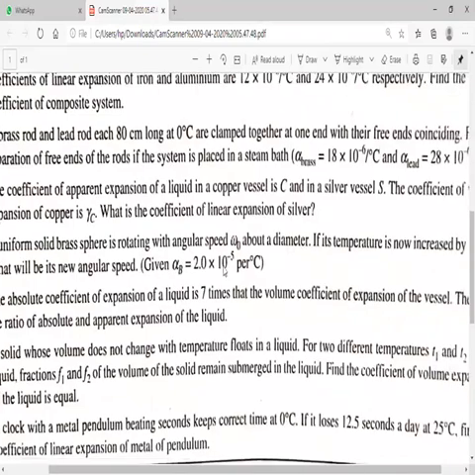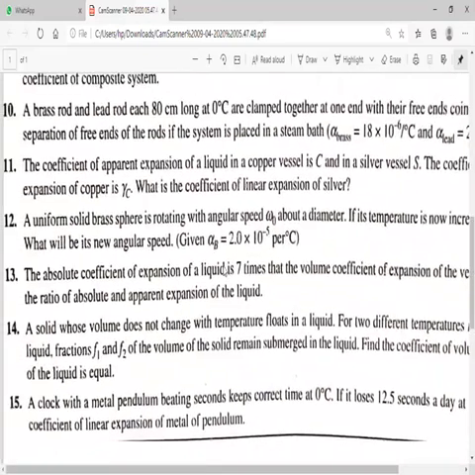If its temperature is now increased by 100 degrees Celsius, the change in temperature is given as 100 degrees Celsius. What will be its new angular speed? When temperature increases, what will happen to the solid sphere? Definitely, when temperature increases, the solid will expand and the radius will increase. Whenever the radius increases, what will happen to the angular speed, they are asking?